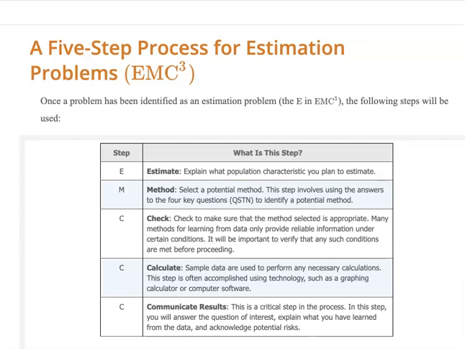You check to make sure that the method is appropriate. So as we learn the different methods, we'll have different conditions that we need to ensure are met before we can conclude anything using that method. Then we'll do the calculations, usually using statistical software. And then finally, we want to communicate our results, because it doesn't matter if we come up with some sort of conclusion if we can't communicate it to somebody else.